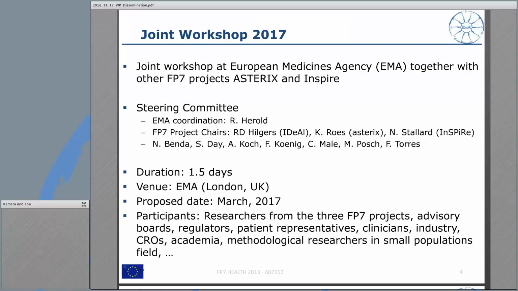All relevant stakeholders should be represented at this meeting. So not only researchers from the 3 FP7 projects will be there, but also advisory board members, regulators, patient representatives, clinicians, industry, CROs, academia, and methodological researchers in the small population field.